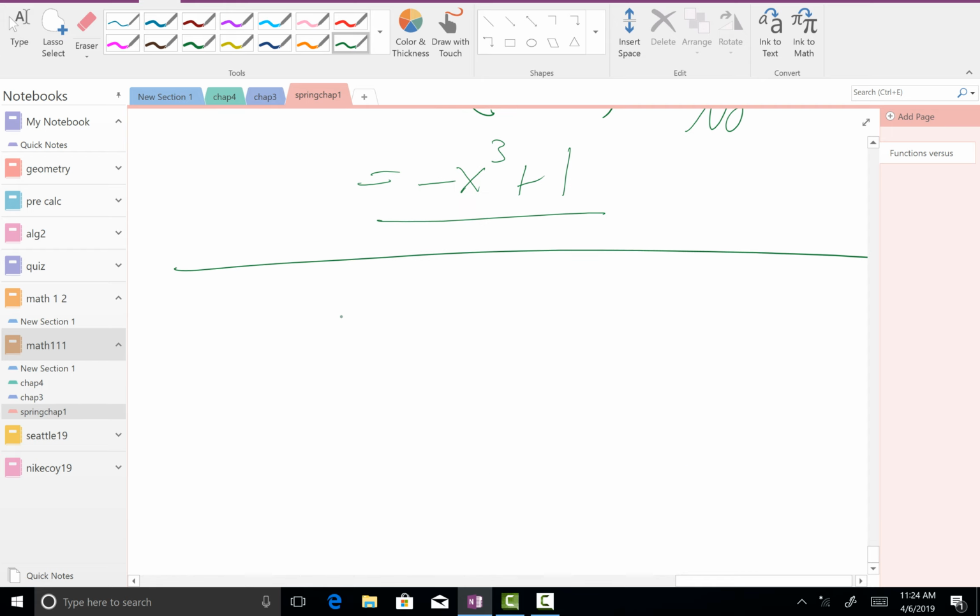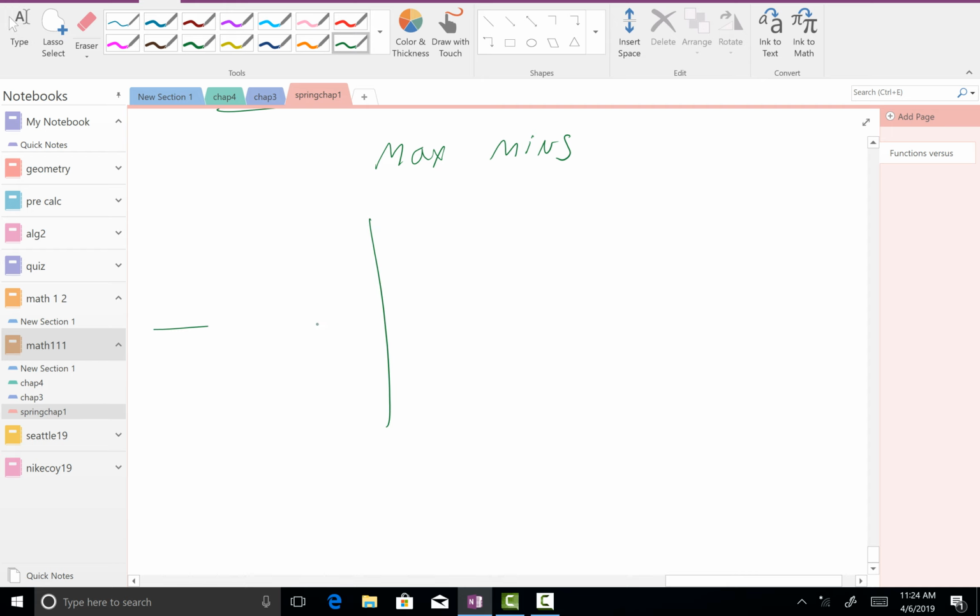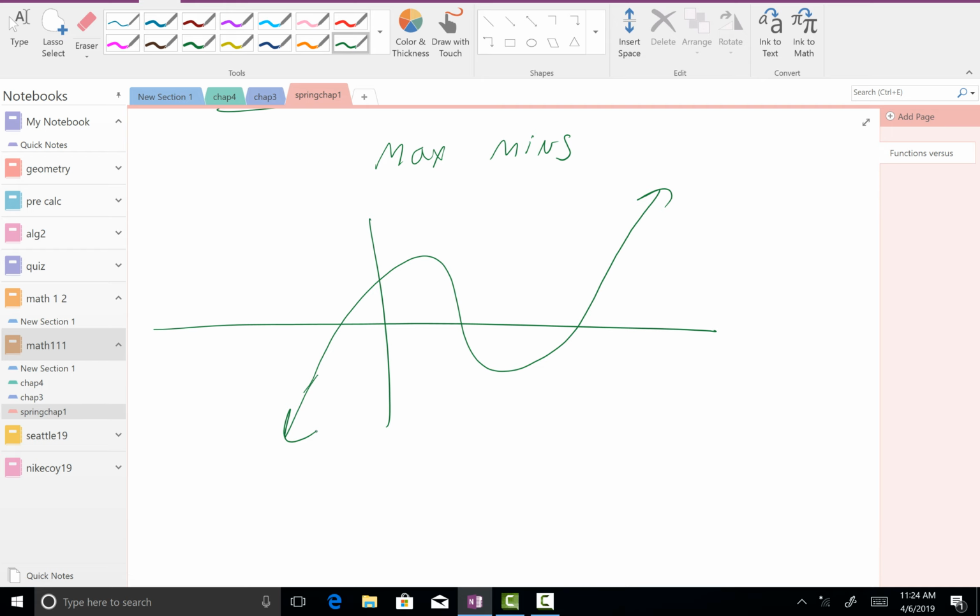Let's do max and mins. And I'm just going to sketch a graph and then we'll do some Desmos stuff. Okay, so max and mins. A maximum and minimum occur when a graph reaches its highest point or its lowest point. So whether it tops out or bottoms out.